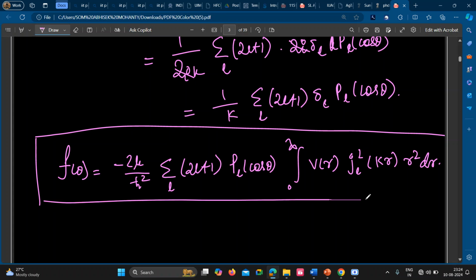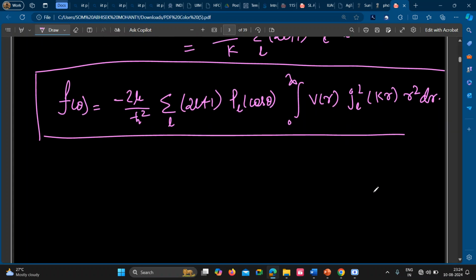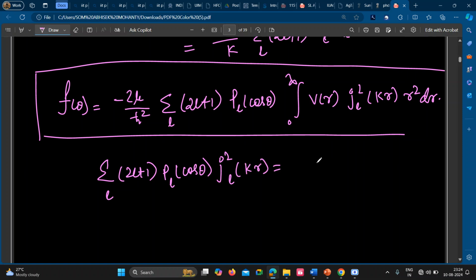You have to study this chapter, then only you will know. What is given in the question is summation (2L plus 1) P_L cos theta, which we have to do extensively, with J_L and this chapter specifically, sin(qr) by qr.